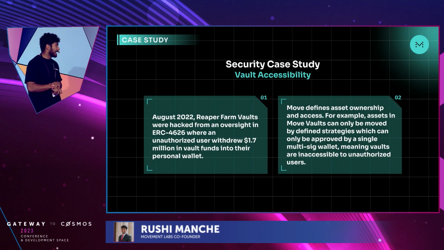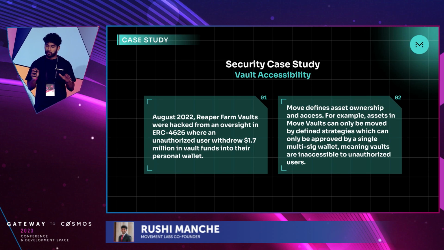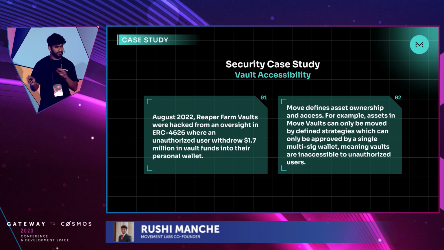Looking specifically at a case study, in August 2022, Reaper Farm Vaults was hacked due to an oversight in the ERC-4626, where an unauthorized user was able to withdraw $1.7 million in funds. The benefit of Move, compared to Cosmos as well, is you have asset ownership and you can have defined access.